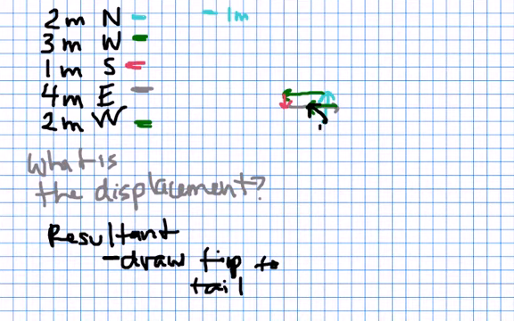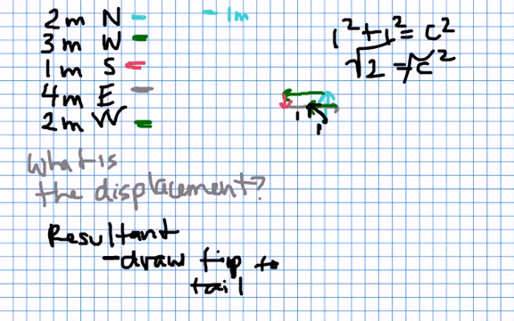If we know this is 1, this is 1, it just becomes a Pythagorean theorem problem. And so we know that our resultant vector is the length square root of 2, and we will need the direction. This would be in the northwest direction.